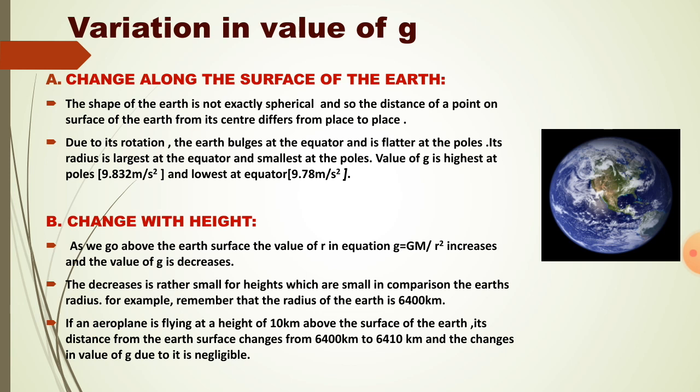For example, remember that the radius of the earth is 6400 kilometer, and if an aeroplane is flying at a height of 10 kilometer above the surface of the earth, its distance from the earth's center changes from 6400 kilometer to 6410 kilometer. That means it increases, and the change in the value of g due to it is negligible.